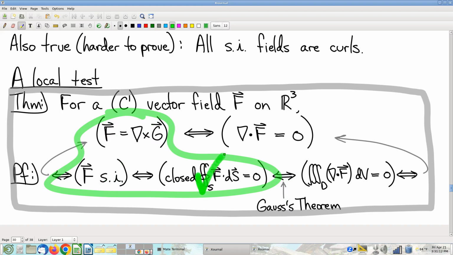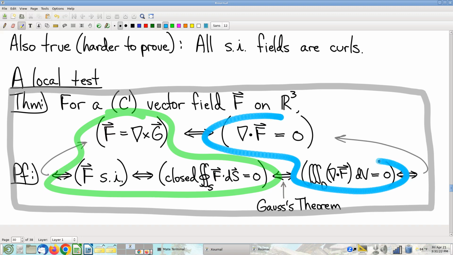And of course, there's this other point of view on surface independence, that all closed fluxes are zero. Okay, now, we further previously discussed that if every triple integral of a function is zero, well, the function has to be zero.